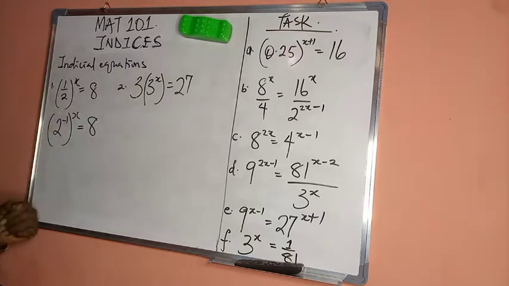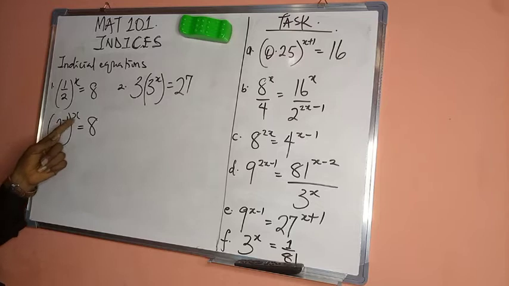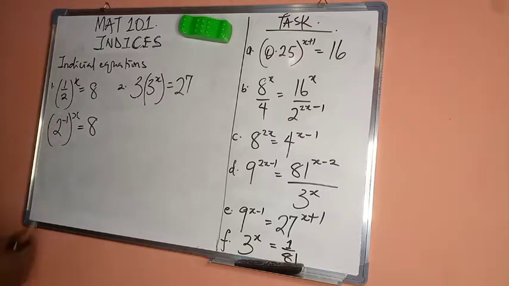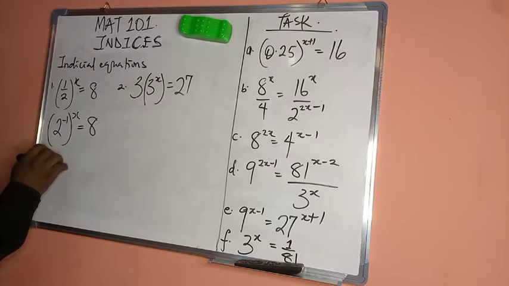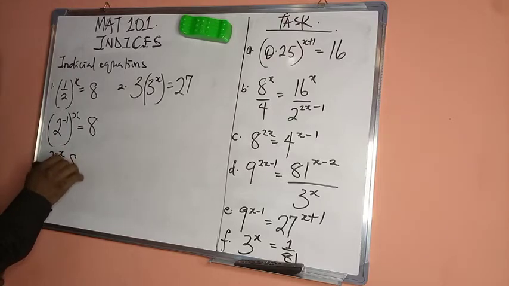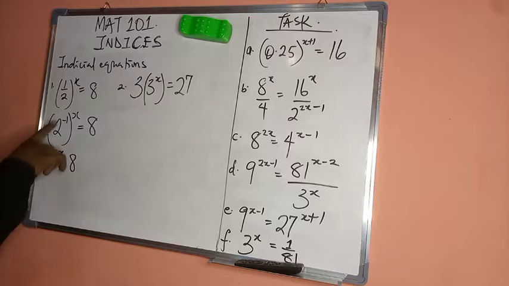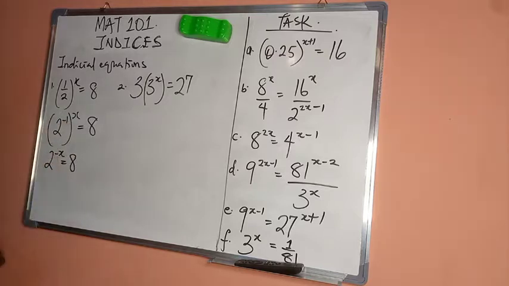Now, from our power law, we can multiply the powers here. That's minus 1 multiplied by x. So here we have 2 raised to minus x equals 8. Minus 1 times x is minus x, right? Now if you look at the right hand side of this equation, we have 8.